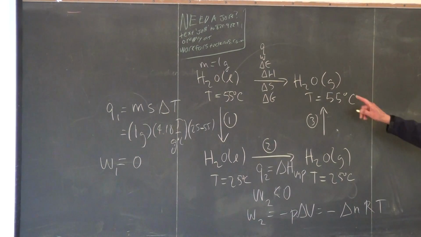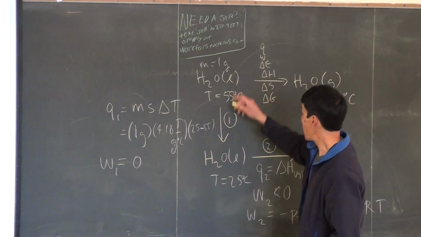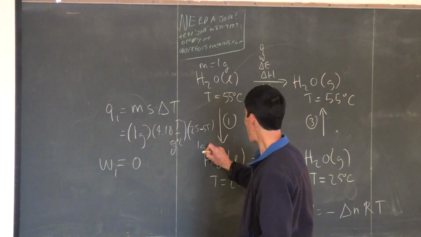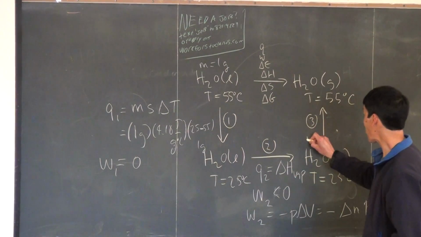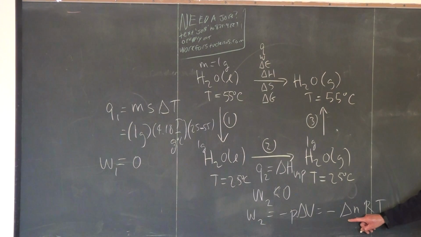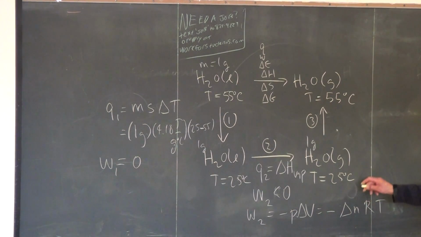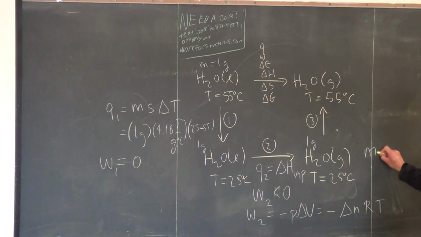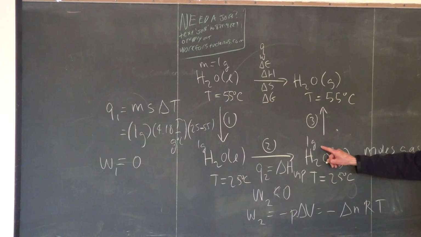Yeah, so if we have 1 gram of water converted to 1 gram of steam, we want to calculate for delta N, not just 1 mole, but okay, so the moles of gas is going to equal, okay, so we have 1 gram of steam.